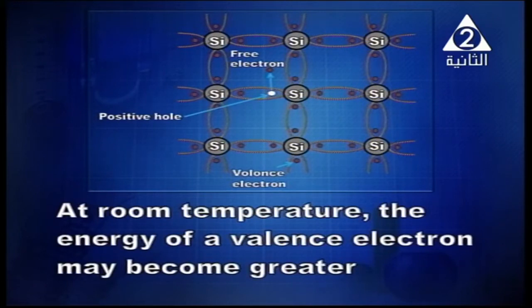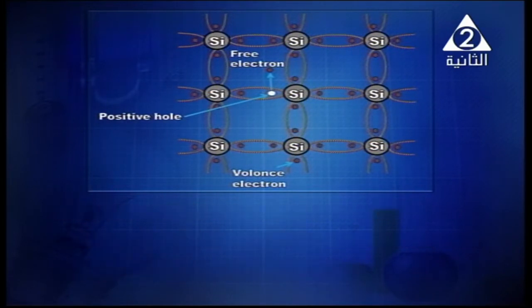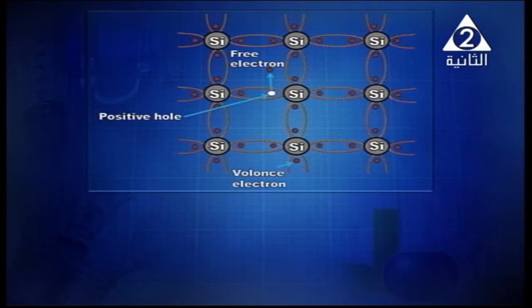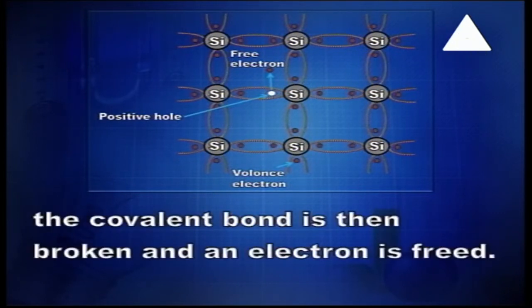At room temperature, the energy of a valence electron may become greater than the binding energy to its nucleus. So it is set free, leaving behind something we call a positive hole. It is shown in front of you on the screen. The covalent bond is then broken and an electron is freed.